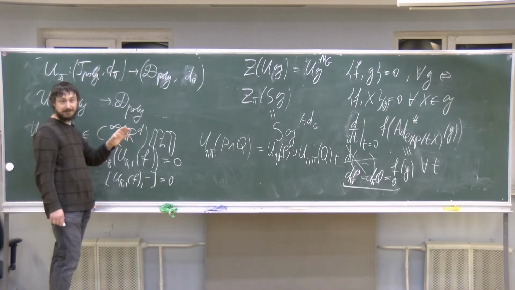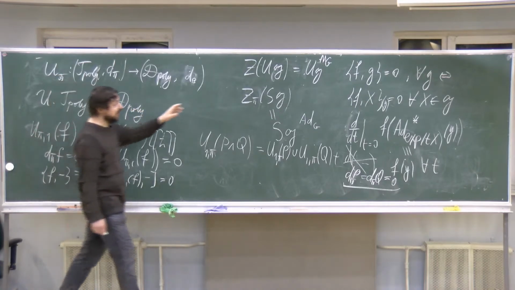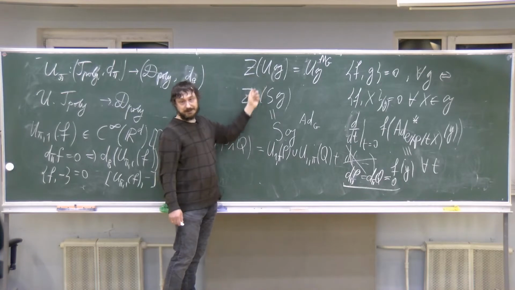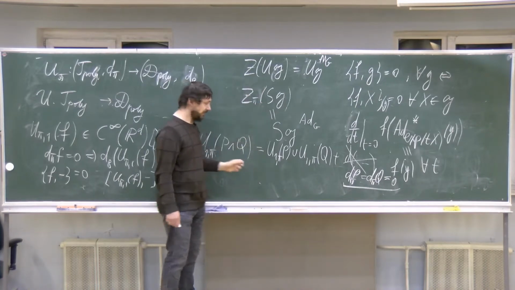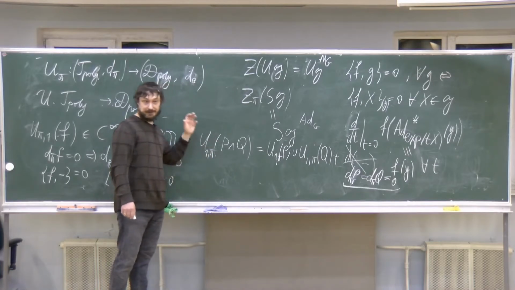If you have heard about this, Duflo is an older construction which gives you an algebraic isomorphism between this and this, independent of the choice of generators in both algebras. Just an abstract way to draw this isomorphism. And here's another isomorphism, which appears automatically from the construction.